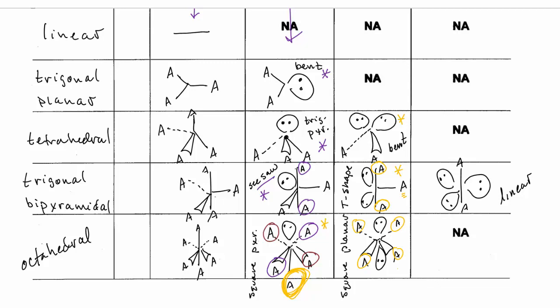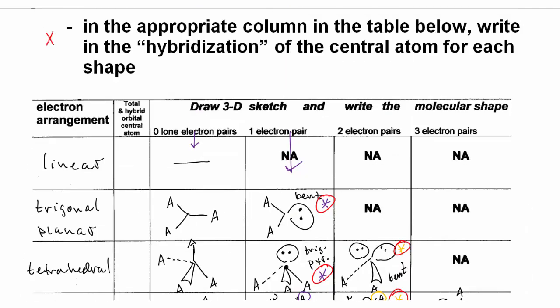So square planar is definitely not polar. So as it turns out, the only ones that are polar are bent, trigonal pyramidal, seesaw, square pyramidal, bent, T-shape, and that's it. Now let's do the next part.